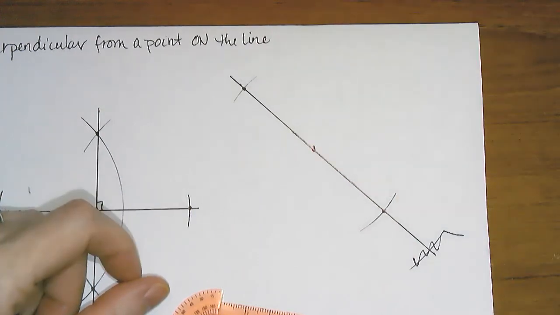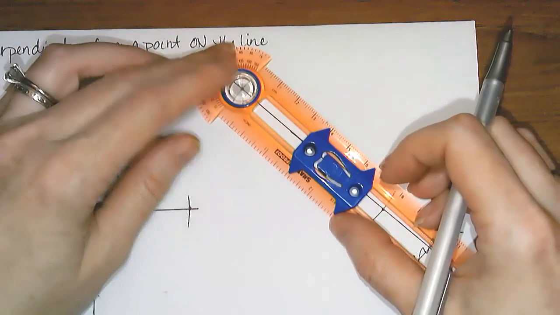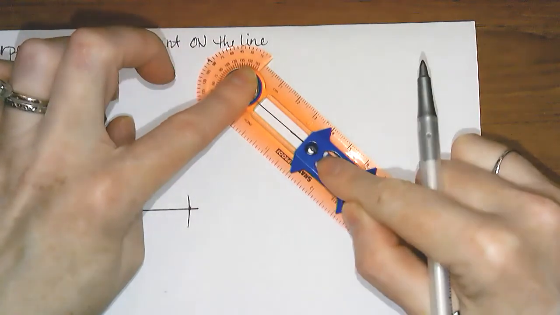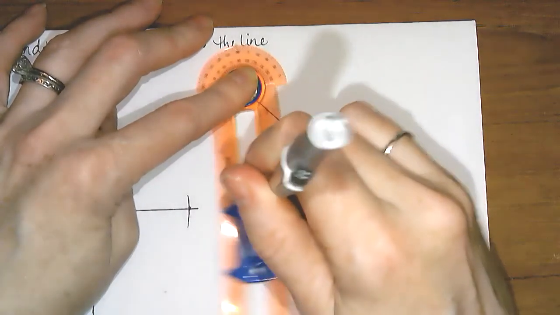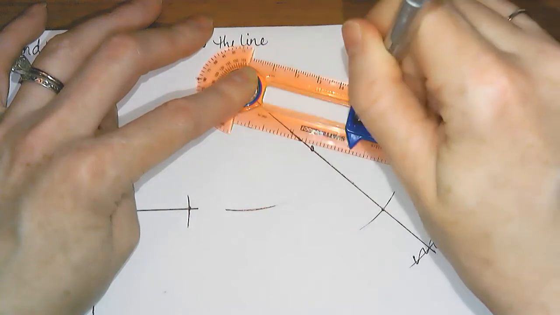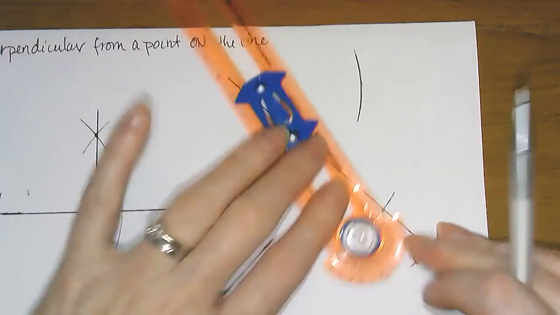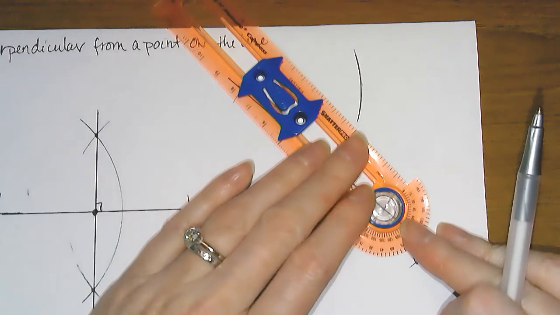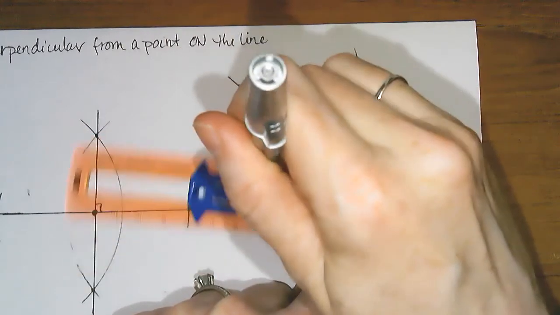So then, perpendicular bisector. Again, set it at one end point. Make sure you're past the halfway, past the midpoint. Again, draw at least one arc, but I like to do one above, one below. And then I'm going to do the same thing from our other endpoint. Always keep track of which hole you're using if you're doing one of these slider compasses.